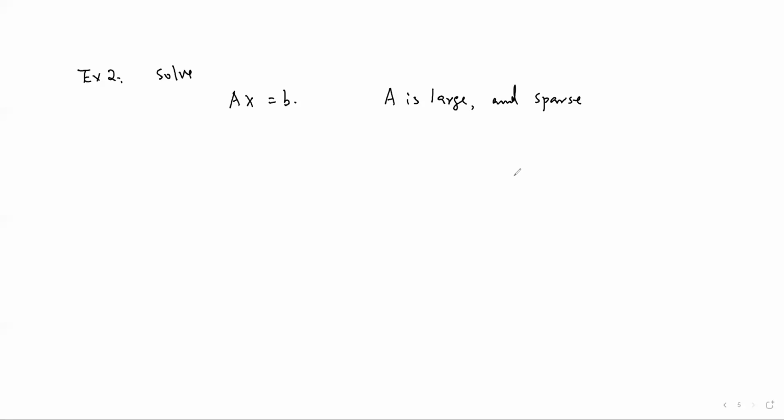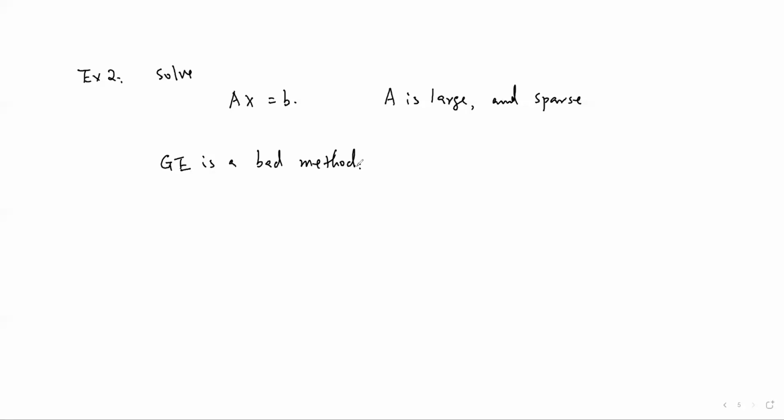We only need to store non-zero entries. So to store a sparse matrix, memory is cheap. Now to solve a linear system, this time Gaussian elimination is a bad method.